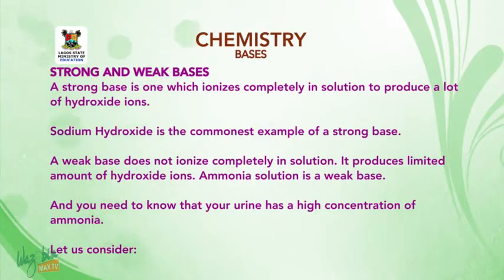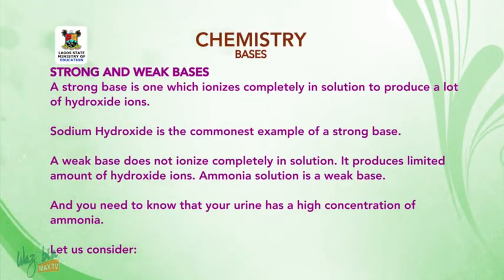A weak base does not ionize completely in solution. It produces limited amounts of hydroxide ions. Ammonia solution is a weak base, and you need to know that your urine has a high concentration of ammonia.